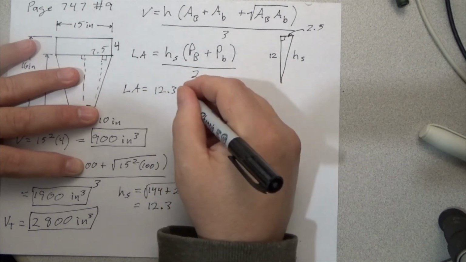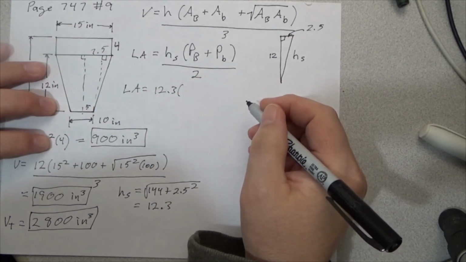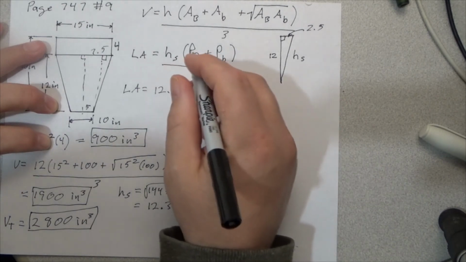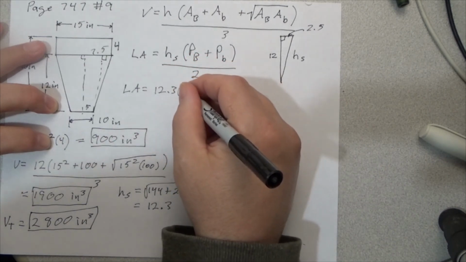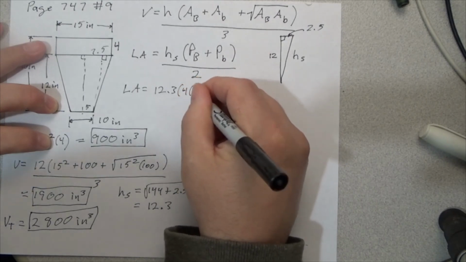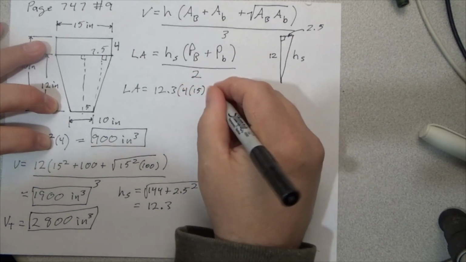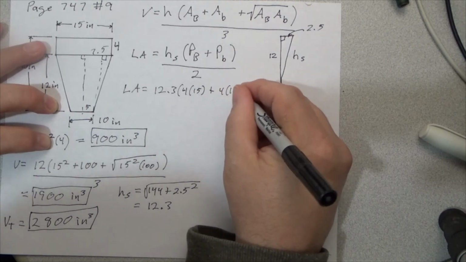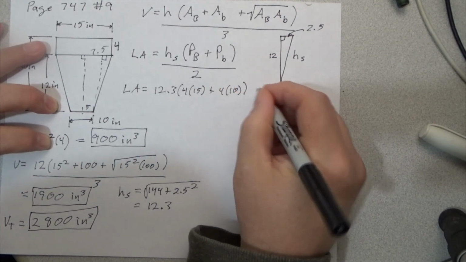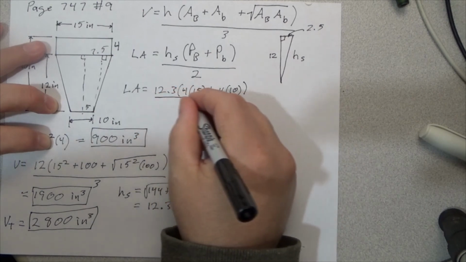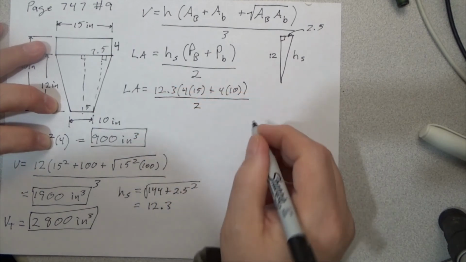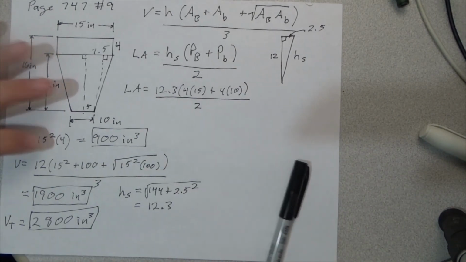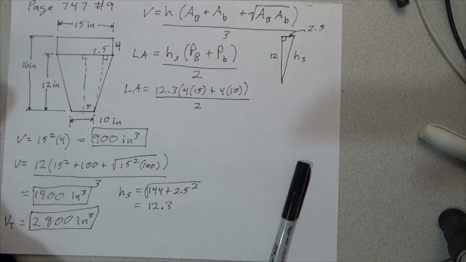So I come up here to lateral area is equal to 12.3 times the perimeter of the large base, which is going to be 4 times 15, plus 4 times 10. I'll just write it this way so it's more clear. All of that divided by 2. So that's 100 in there.